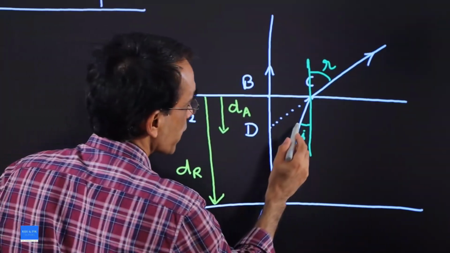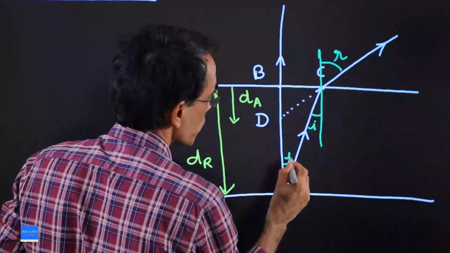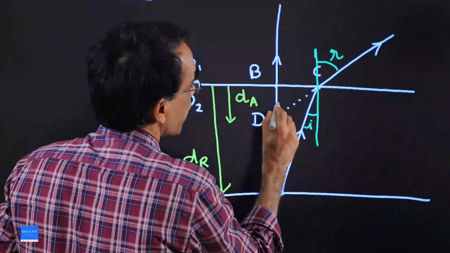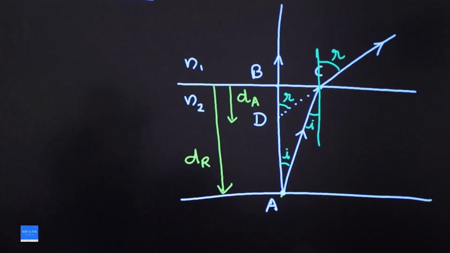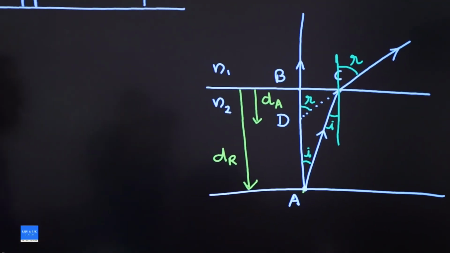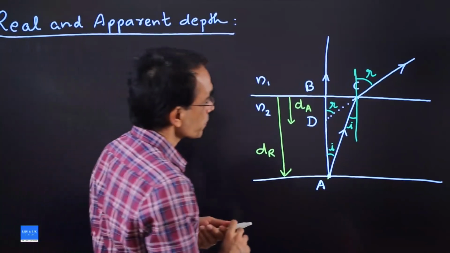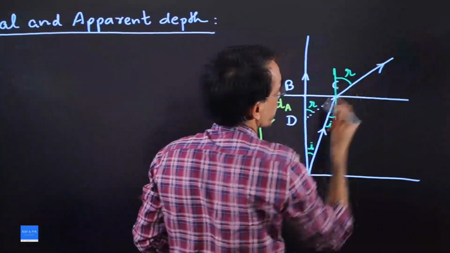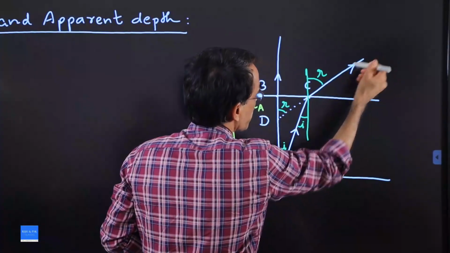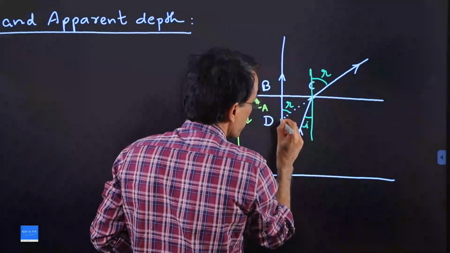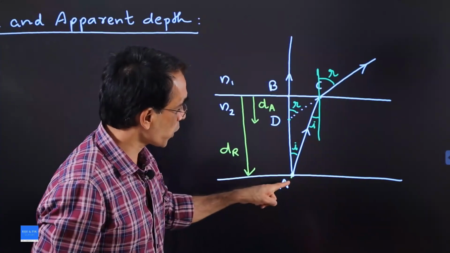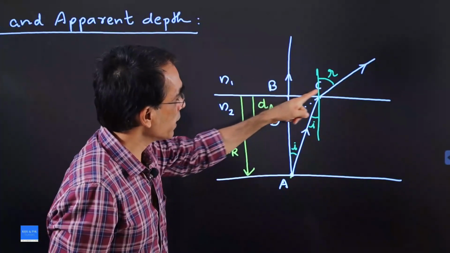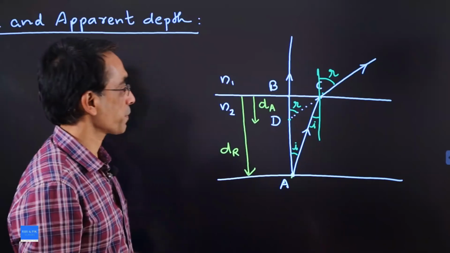From the diagram we can see this angle will be equal to this angle I, and this angle R will appear here. I marked incidence and refraction angles. Now, for an observer outside, this light ray will be appearing from this point. I marked bottom point A, top point B, this as C, this as D.